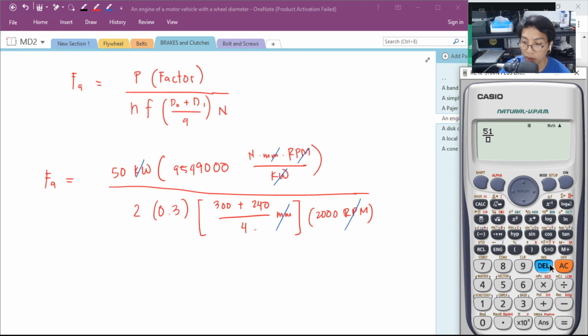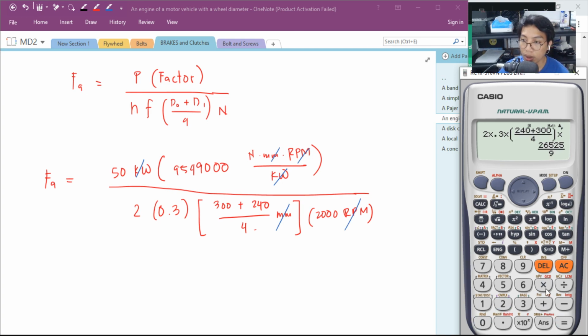So, FA will be 50 times 9,549,123 divided by 2 times 0.3 times bracket 240 plus 300 divided by 4 times 2,000.